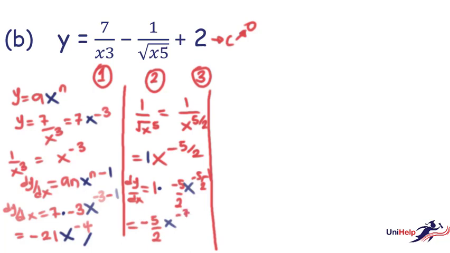And for part 3, we've said that 2, when differentiated, would be 0 since it is a constant. Now, putting all parts together, that is, parts 1, 2, and 3, which are negative 21x to the negative 4, negative 5 over 2 x to the negative 7 over 2, and 0 respectively.